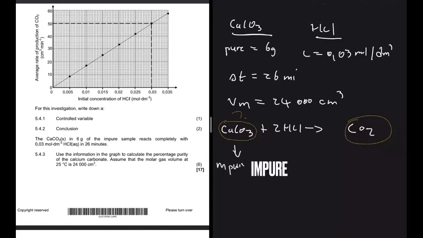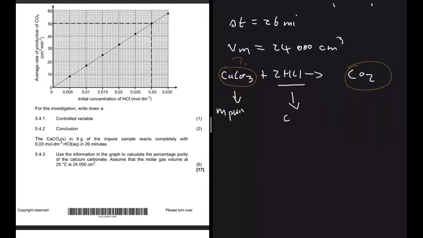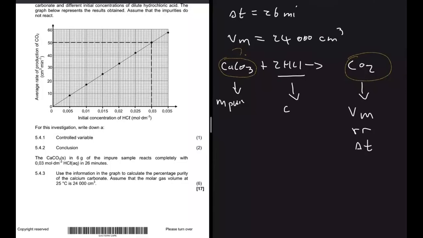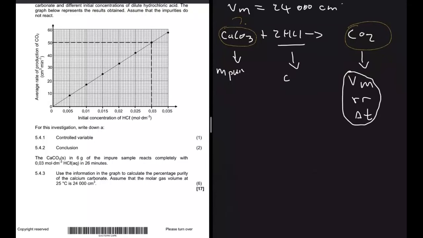For 2HCl, we only have the concentration. And for CO2, we have the molar gas volume, the average reaction rate, and the time of the reaction. So CO2 is what we can use to calculate everything else, because this is where we have the most information. So we can use the reaction rate to calculate the volume of CO2.